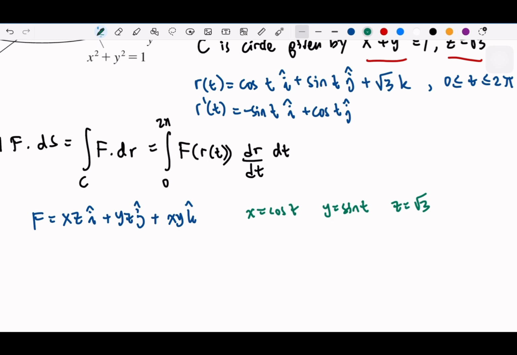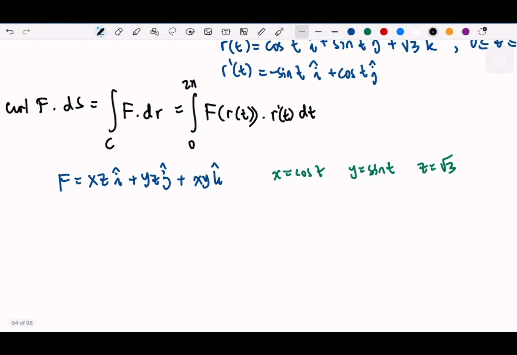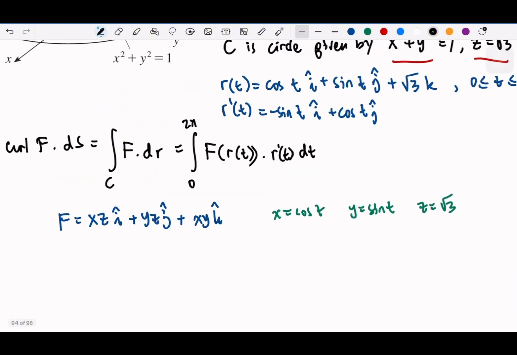And then dot r prime(t) dt. So basically we take F and plug in the r, taking r of t and then dotting with r prime(t).